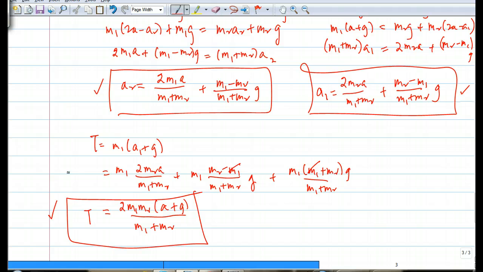If I want to check this out, I know that for the situation where M1 equals M2, everything should be accelerating upward with the same acceleration A. For M1 equals M2, the second term here becomes 0.